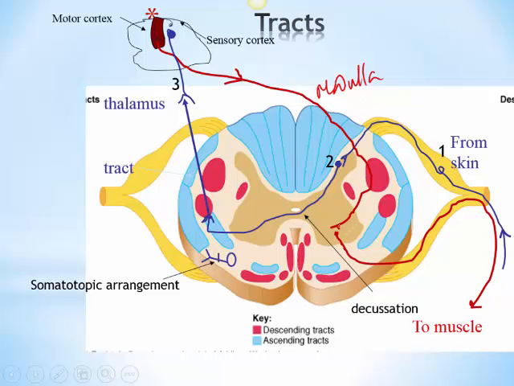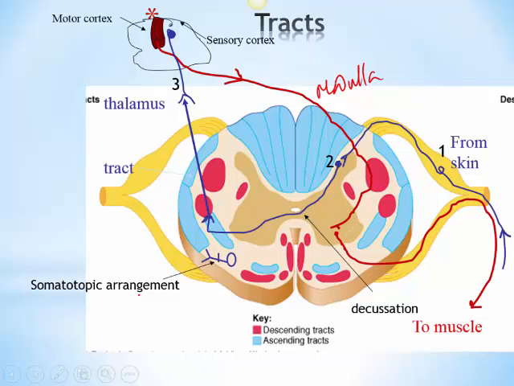And then they will come and synapse on the anterior horn cell. So that's how the precentral gyrus controls motor activity. From the anterior horn, cells begin, travel in the ventral root and go to the muscle. So you can see anterior horn cells are lying in the gray matter of the spinal cord, whereas sensory neurons are lying outside the gray matter, right? Okay?